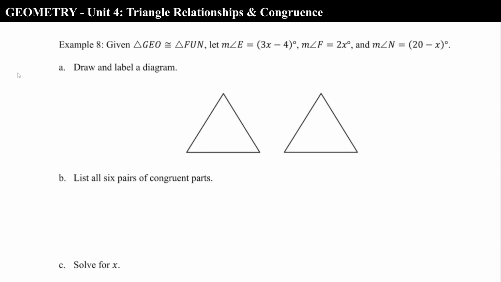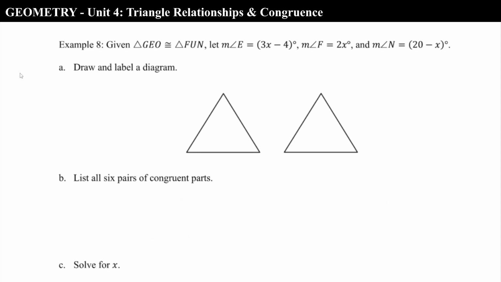All right, in example 8, given that triangle GEO is congruent to triangle FUN, because geo is fun, right? Let the measure of angle E equal 3x minus 4, the measure of angle F equal 2x, and the measure of angle N equal 20 minus x.